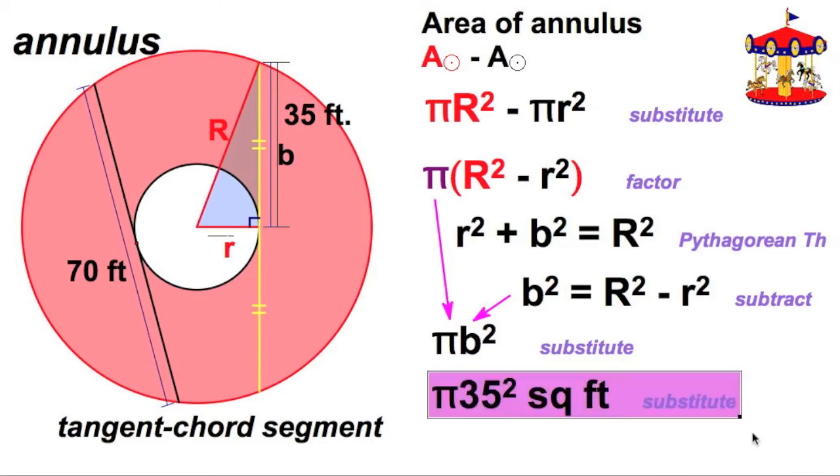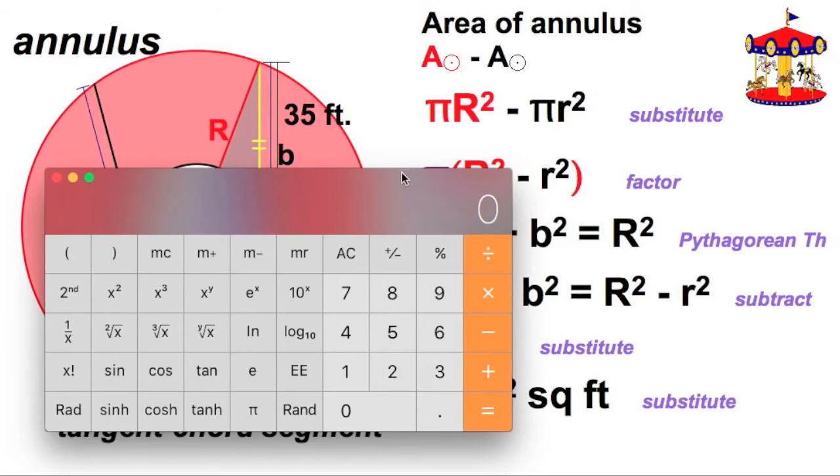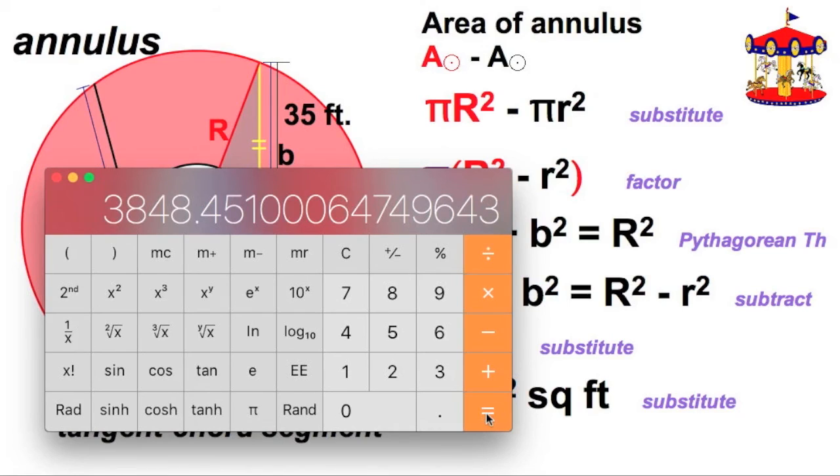I perform my substitution, and there you go. It's 35 squared times pi. And then I guess we could bust out a calculator, if you really need to see this. Okay, we'll bust out a calculator. There's 35 squared, so 1225 times, and there's our pi key. And there you go. Wow, that's a big number.